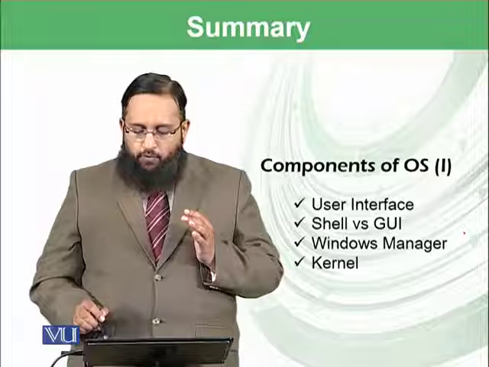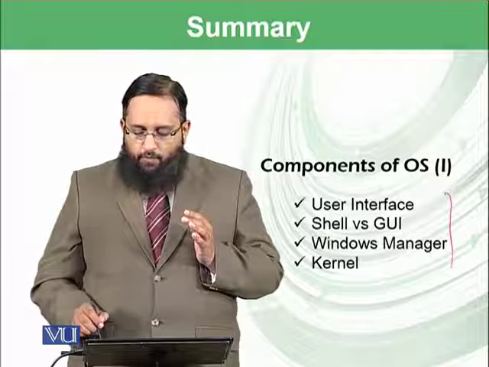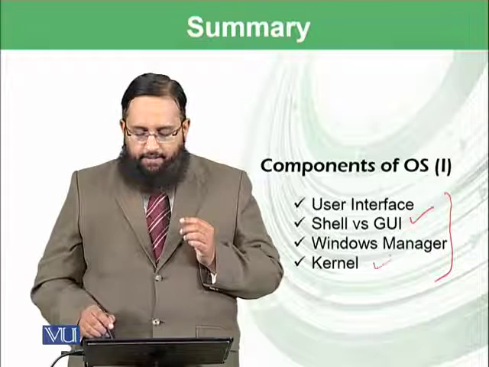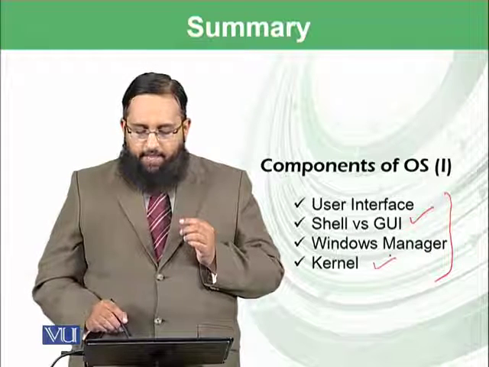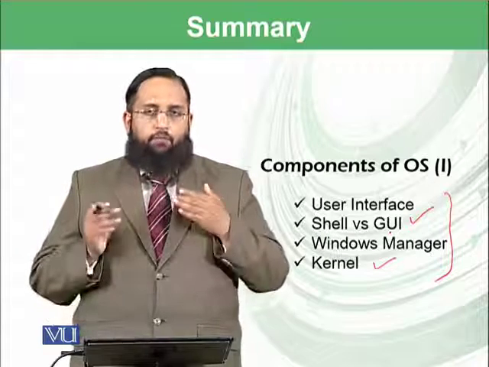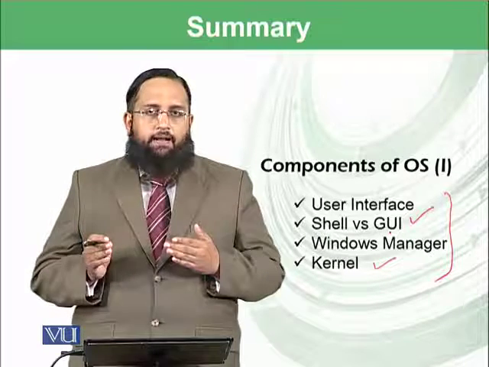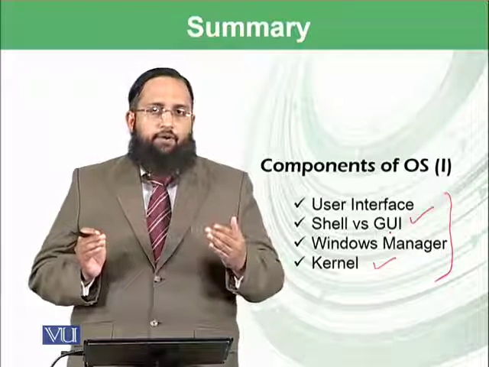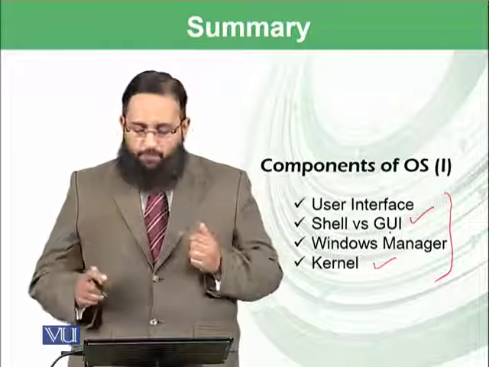So in today's module we have mainly focused on the user interface and kernels, and we have also talked about shell versus GUI, and then we have learned with an example how Windows Manager is managing different windows under the heading of GUI.